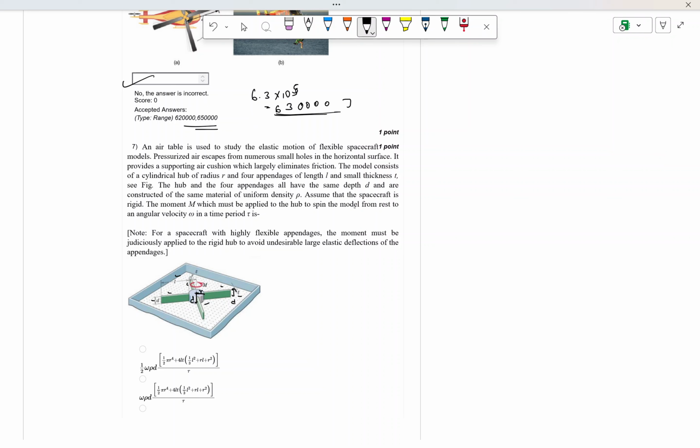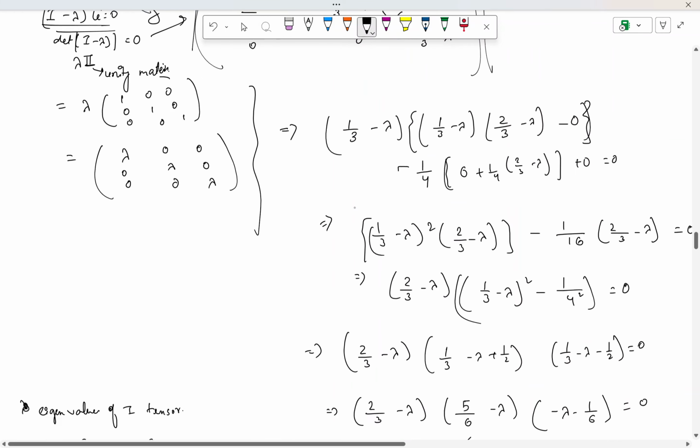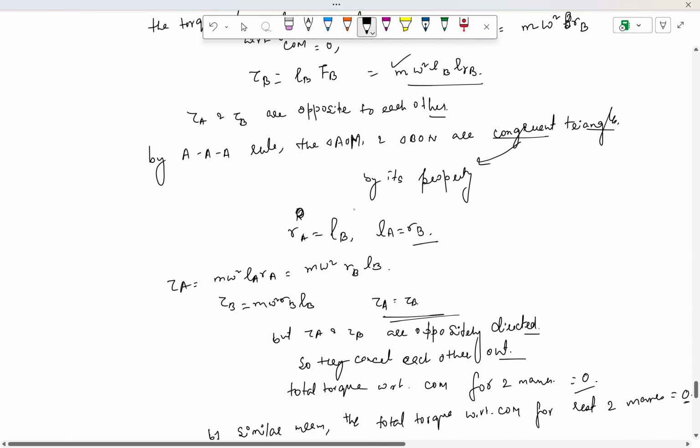Note that for a spacecraft with highly flexible appendages, the moment must be judiciously applied to the rigid hub to avoid undesirable large elastic deflections of the appendages. So once you understand the picture here, we will move downwards and try to solve this.